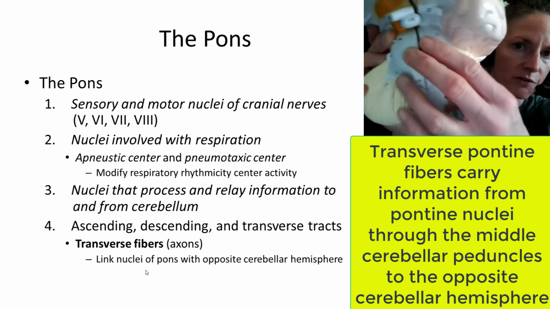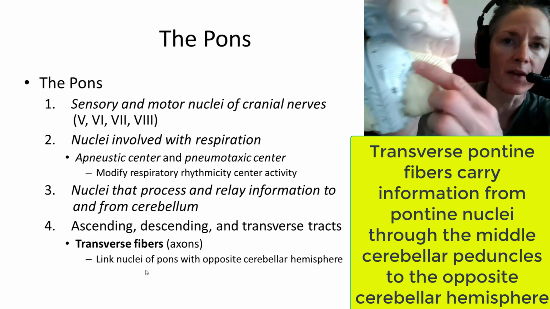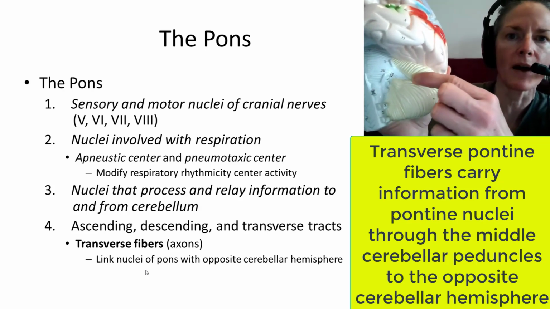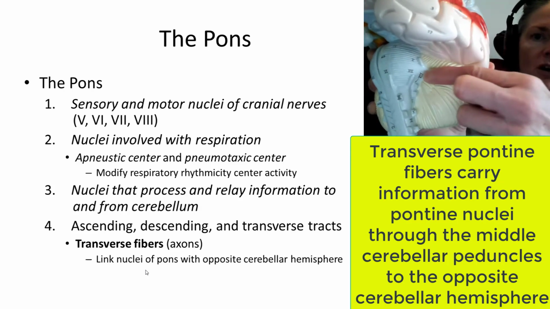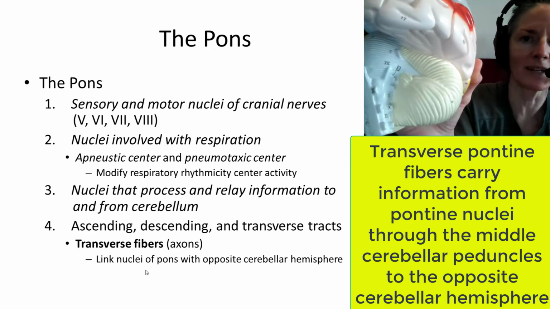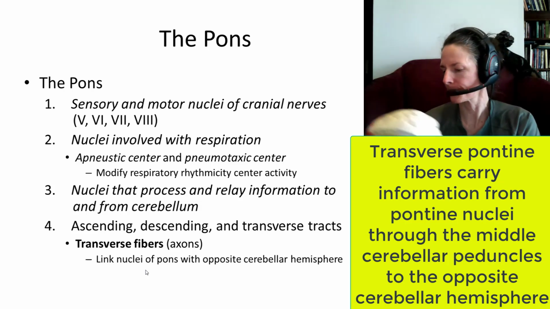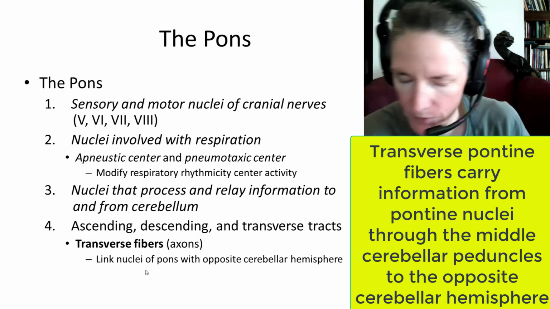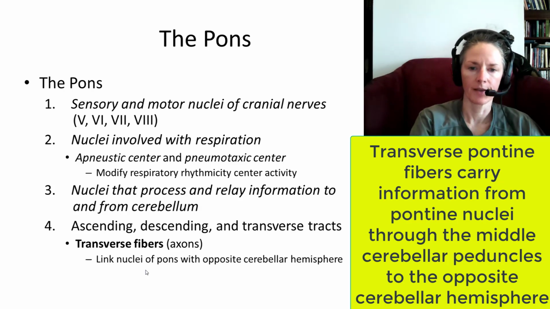And these transverse pontine fibers are going to be interconnected with the cerebellum via some tracts of white matter called the middle cerebellar peduncle. And we'll talk about that in a little bit more detail when we get to the cerebellum. But this is an important tract that's going to communicate information from the pons to the cerebellum.